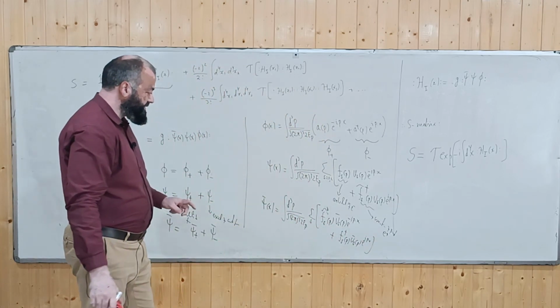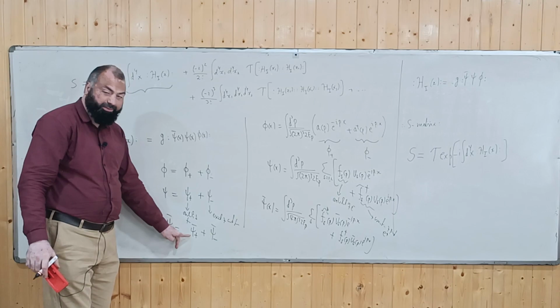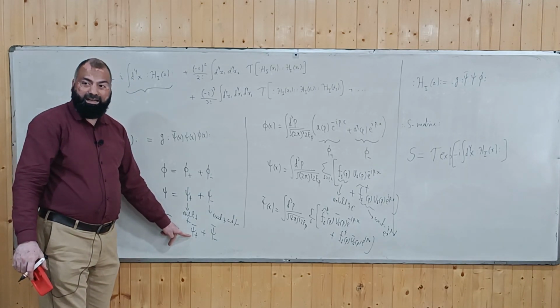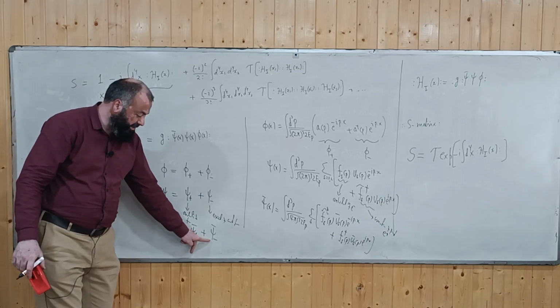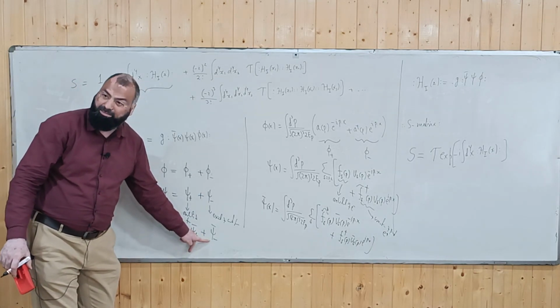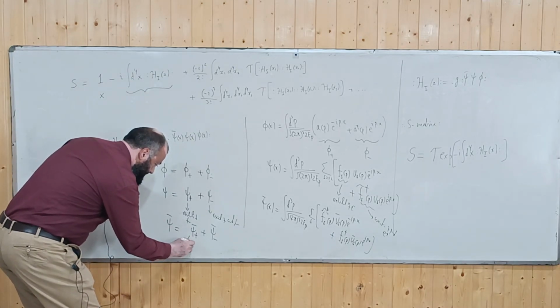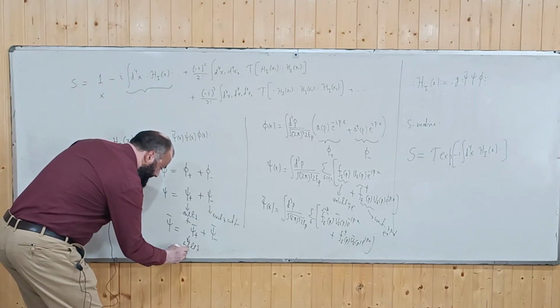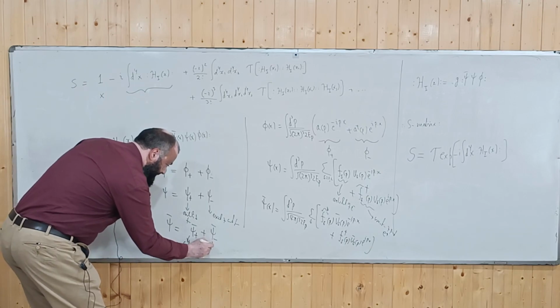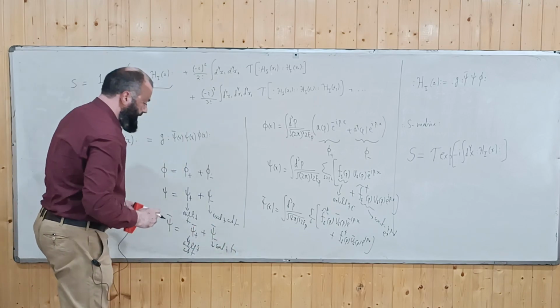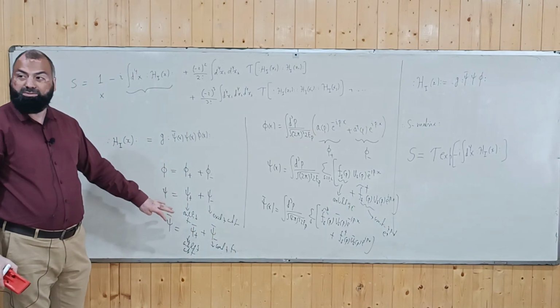So the first term will give you the annihilation of the anti-fermion. Okay, the psi bar plus will give you annihilation of the anti-fermion, and psi bar minus will give you the creation of the fermion. Understood? So this is annihilation of anti-fermion, and this is creation of fermion. Okay? So just remember this notation.